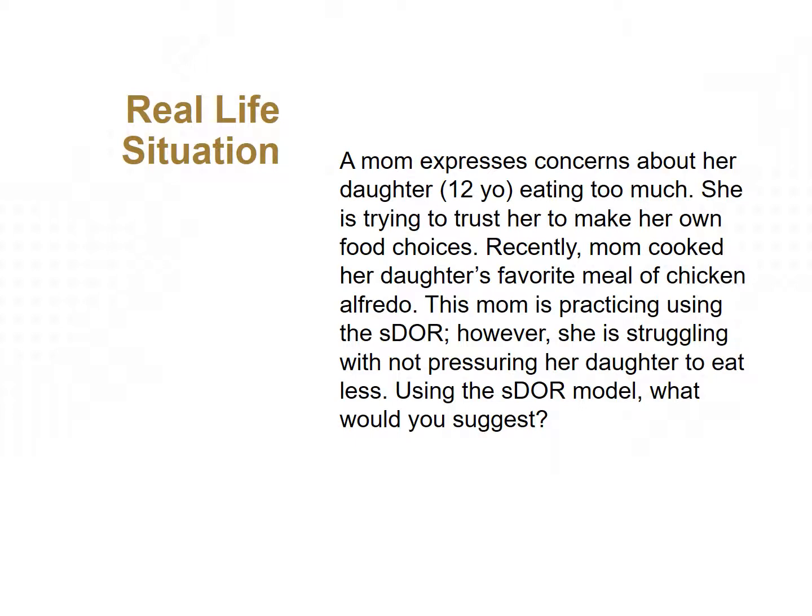Explore the schedule with mom, as this may help her to not overeat at mealtimes. Also, explore how to make the meal more satisfying by adding more variety to the meal. You could also discuss what is offered for snack. Is she able to create a two food group snack from what is offered within the home? All of these things are really going to impact the amount of food that child eats at that meal.